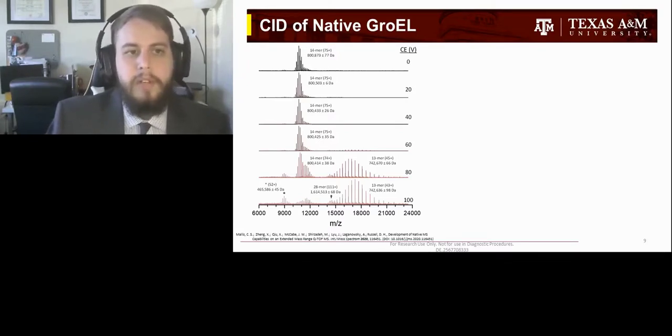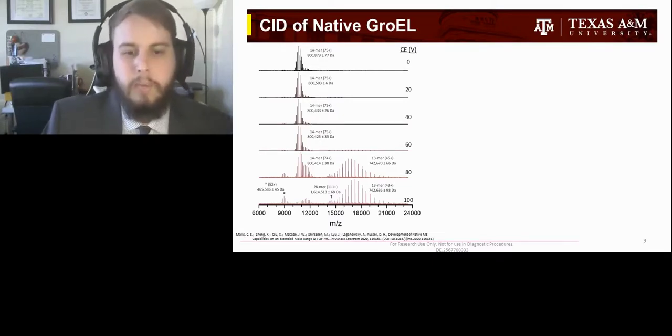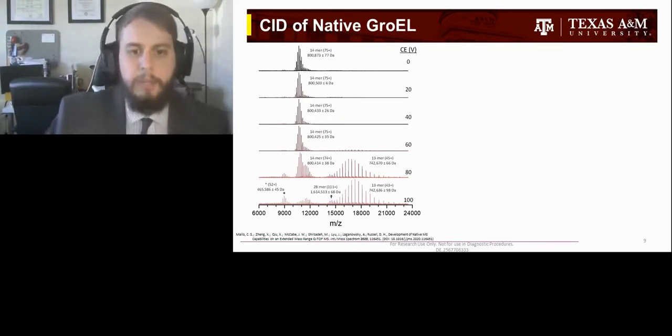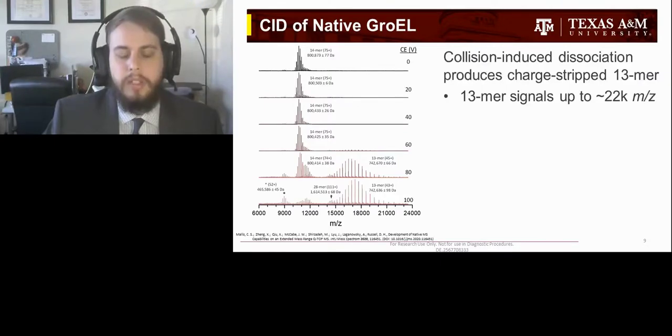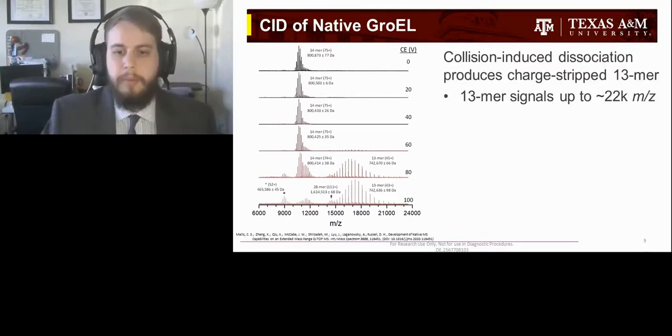And we showed on the previous slide that we can look at the ejected subunits, but if we look at the ions towards a higher mass to charge, we can also see signals for the remaining complex. So in this case, we see signals for the charge-stripped 13-mer.